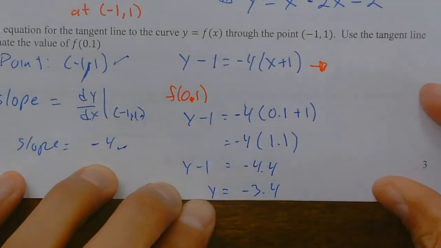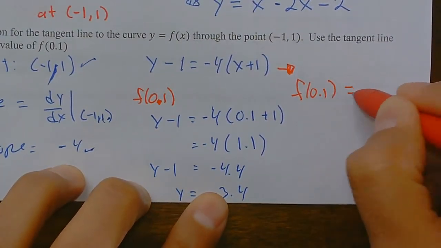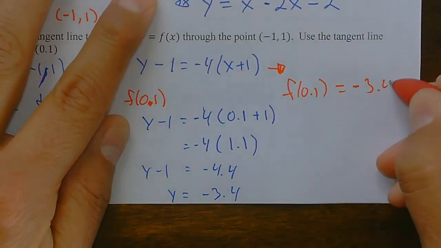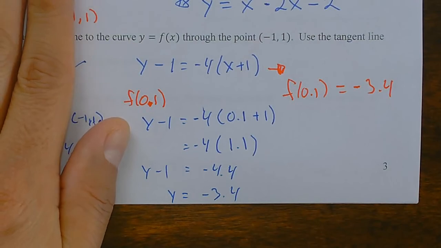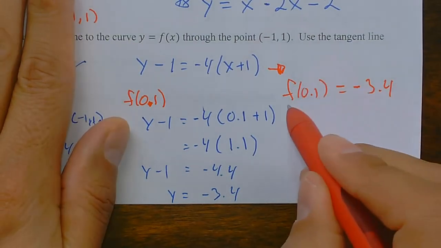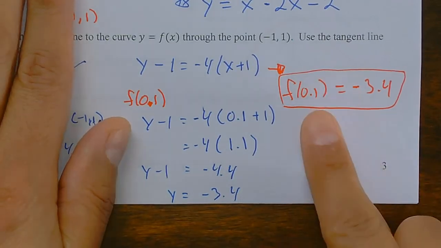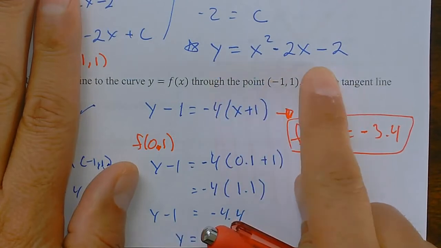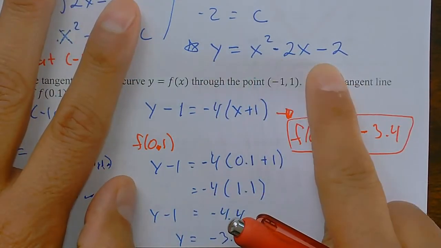Now remember, this is an approximation. I could use that equation to find the actual value. Remember, this is the solution at -1, 1. So if I use that at 0.1, all right, now I'm going to take out my calculator. 0.1 squared minus 2 times 0.1 minus 2.